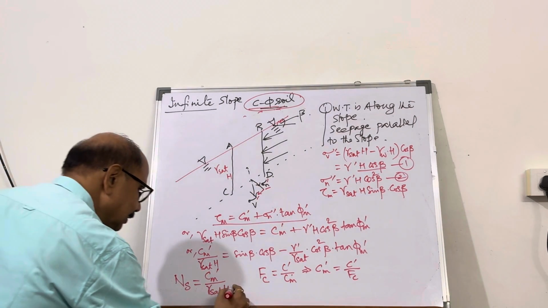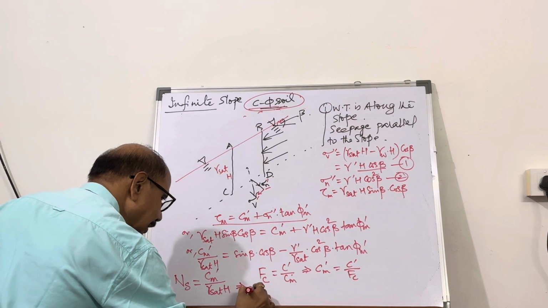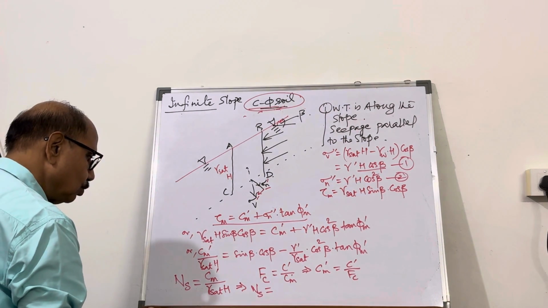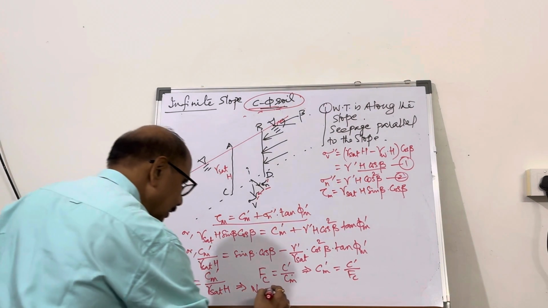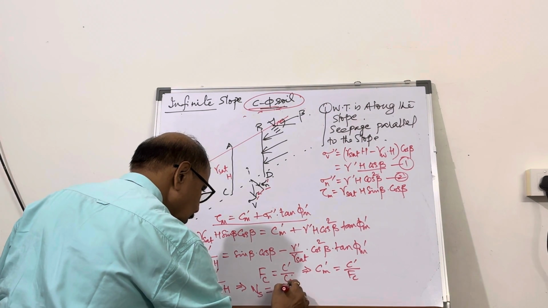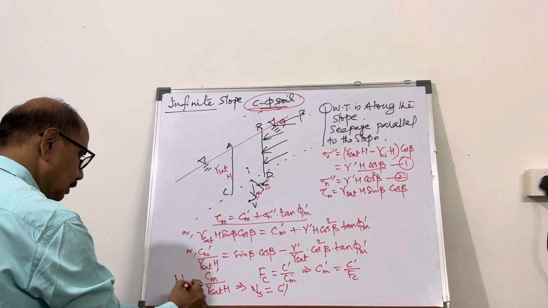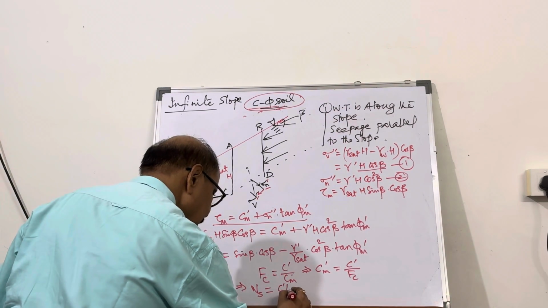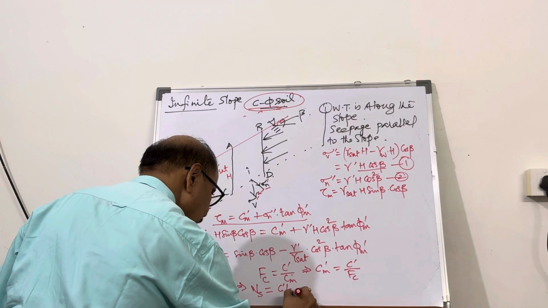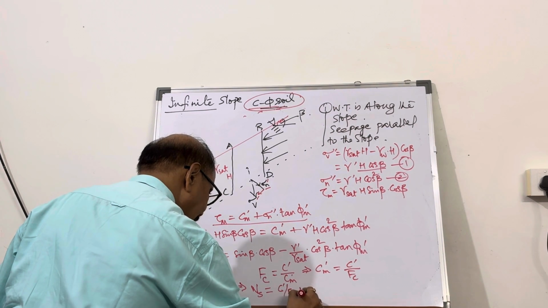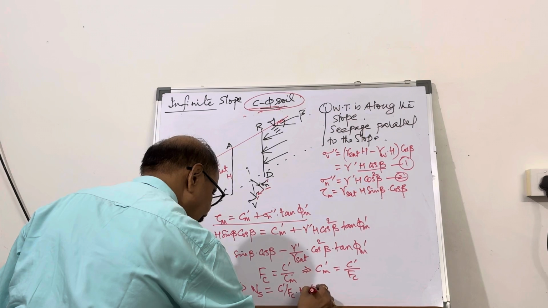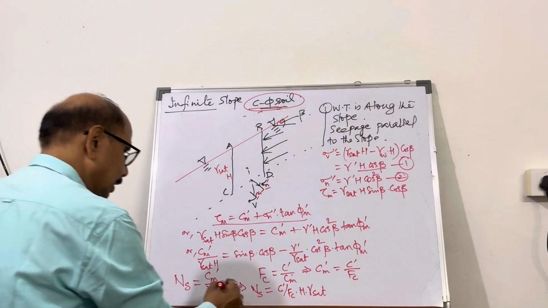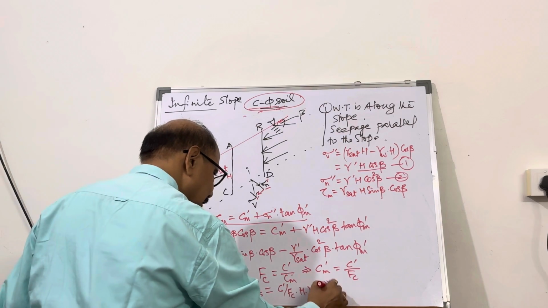So, this implies that Ns, the stability number, equals C prime divided by Fc into H into gamma saturated. This is another expression for the stability number.